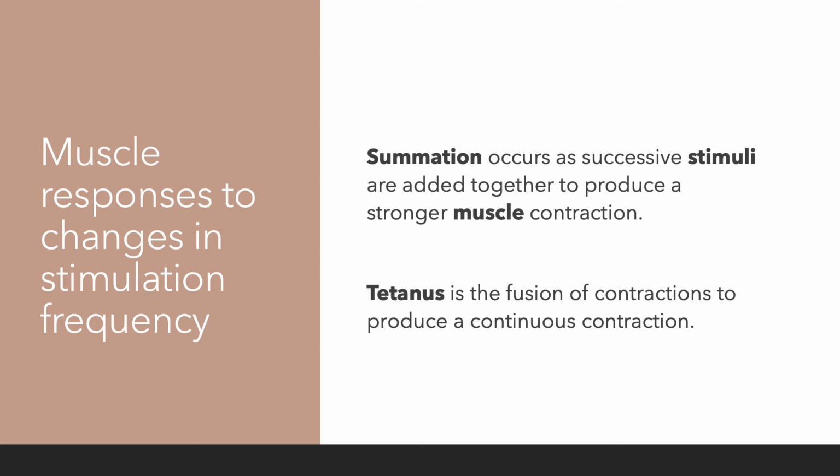Summation occurs as successive stimuli are added together to produce a stronger muscle contraction. And tetanus is when these contractions become fused together to produce a continuous contraction. Obviously, it's probably not a good idea for your muscles to go into tetany if they're continuously contracted.